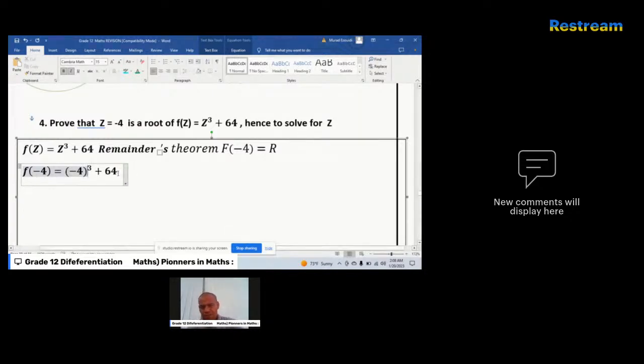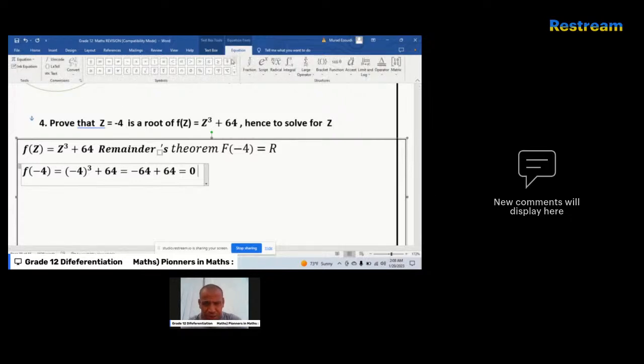It equals -46 plus 46, which is equal to 0. Therefore, as a conclusion, z equal -4 is a root.